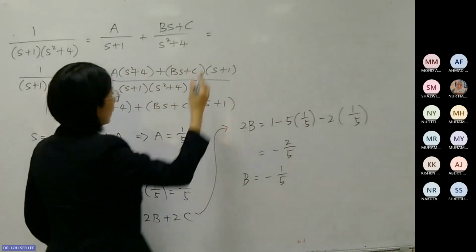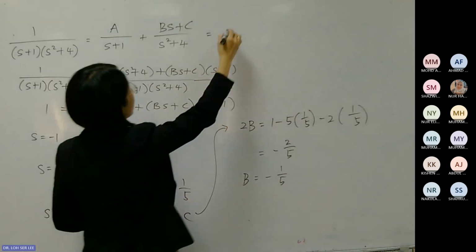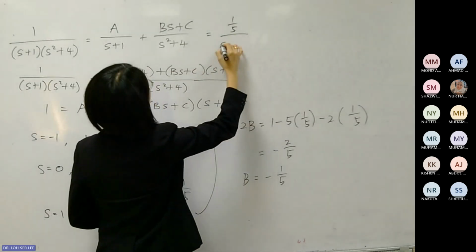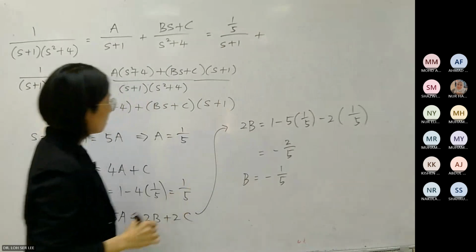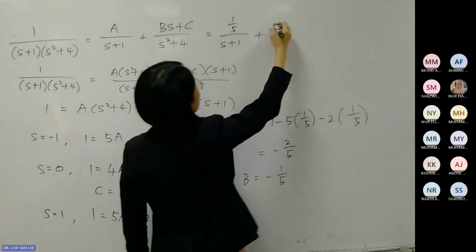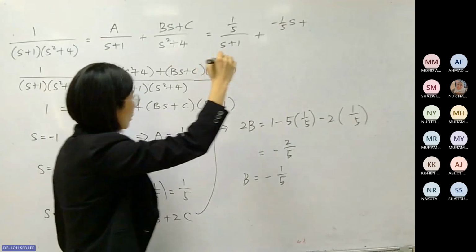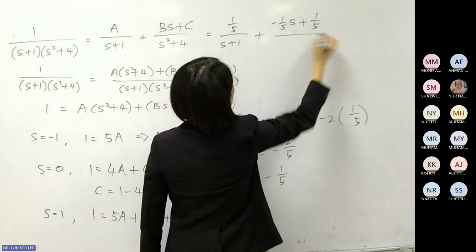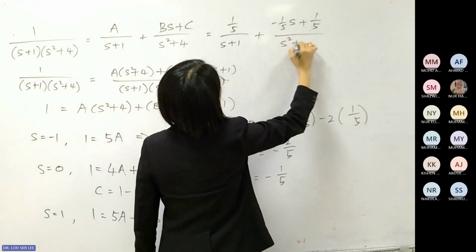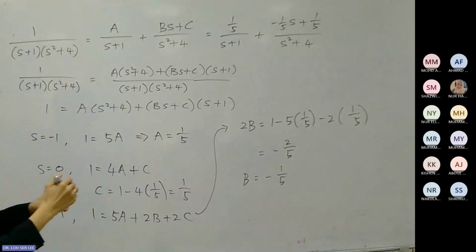A is 1 over 5, 1 over 5 times s plus 1. B is negative 1 over 5 times s plus 1 over 5, over s squared plus 4. So you get this.